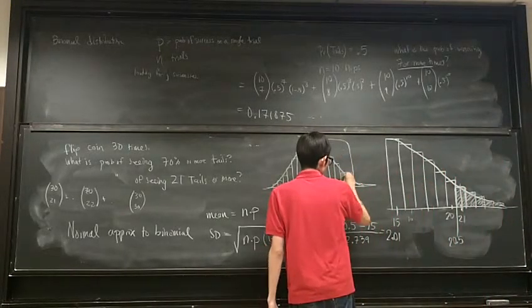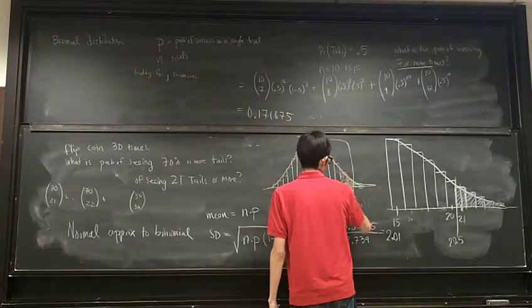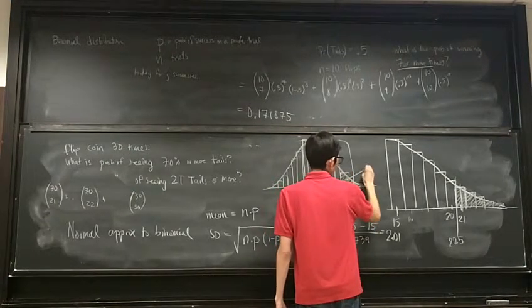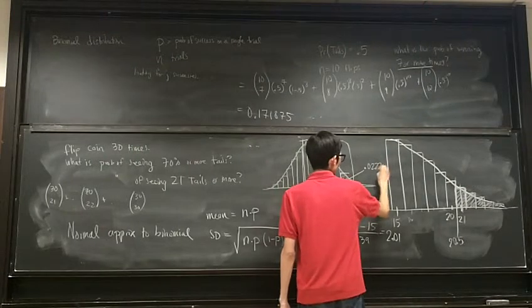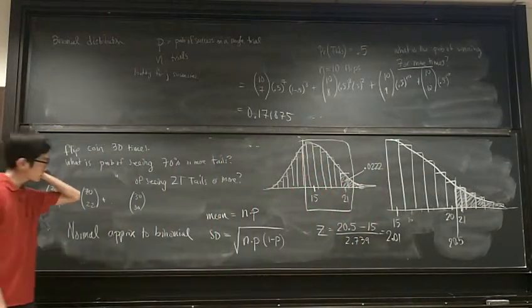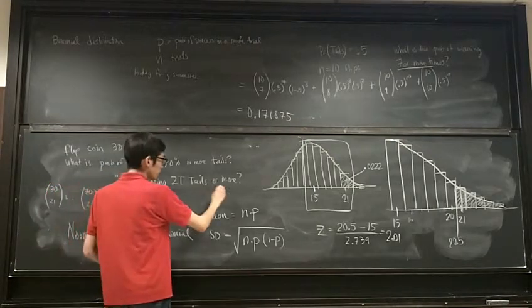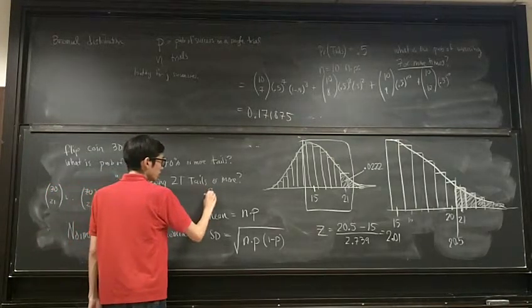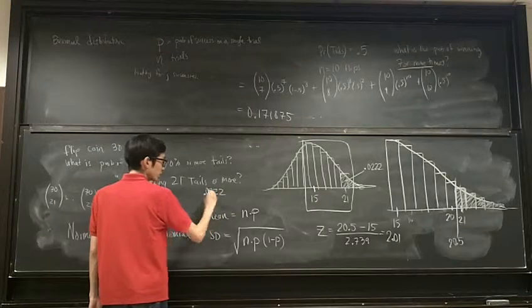So this area, 21 or greater, is 0.0222. So what is the probability of seeing 70% or more tails, or seeing 21 tails or more? About 2%, 0.0222, a little bit more than 2%.